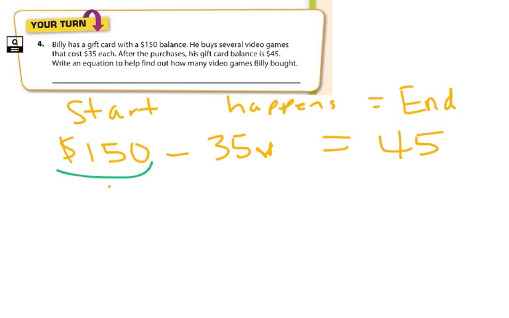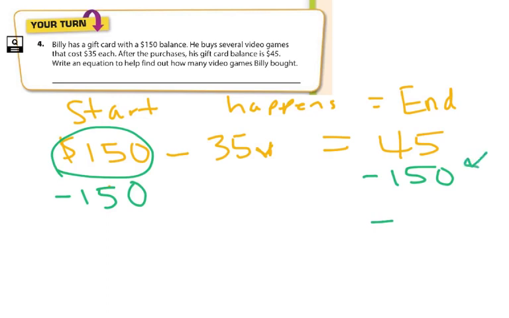So this is a positive 150. In order to get rid of that, I have to subtract the 150. If I do that to one side, I have to do it to the other. So negative 150 plus 45 is going to be negative, because the larger absolute value is the negative 150, so it's going to be a negative number.